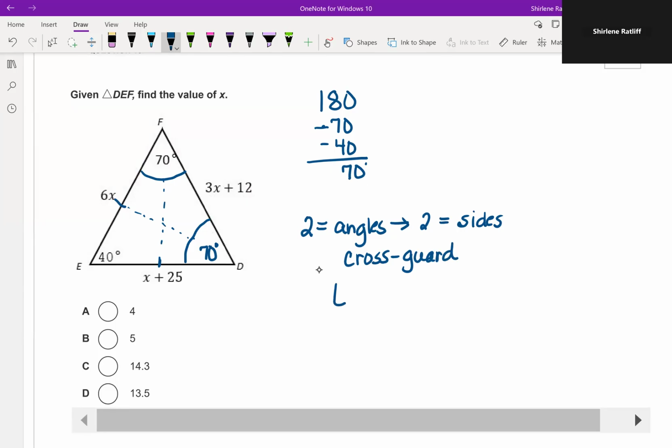So you just take the 6x and you set it equal to the x plus 25. And if you do that, you get x equals 5. So the correct answer is B.